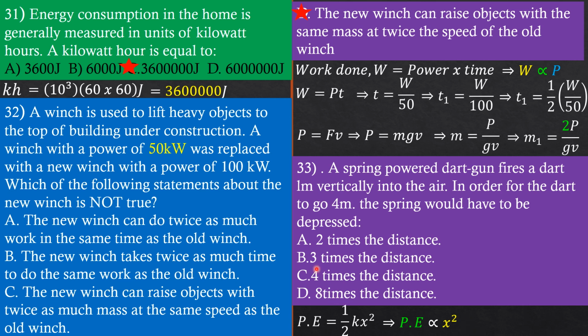Great. So option A has to be the best. In order for the dart to go 4 meters, the spring has to be depressed 2 times. So option A is the best option. All right, let's go to question 34, guys. Let's go.